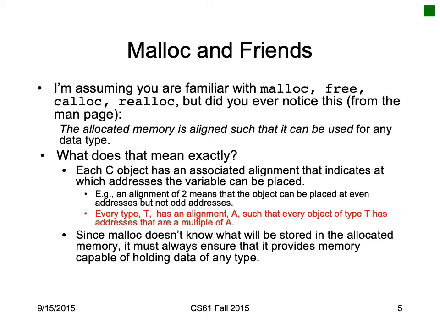But for the purposes of this presentation, what I want you to think about is if each type has an alignment, and when we allocate dynamic memory, the allocator has no idea what kind of data we're going to put in it, then the allocator has to make sure that whenever it gives you memory, you can put any variable in there, and therefore its alignment must be at least as great as the greatest alignment of any type you might use.